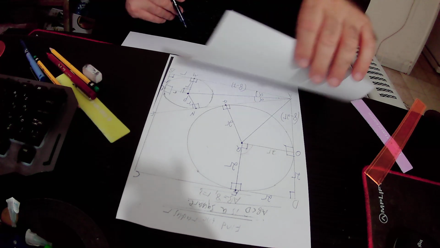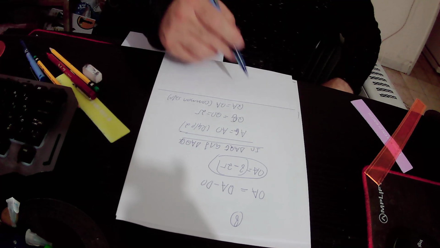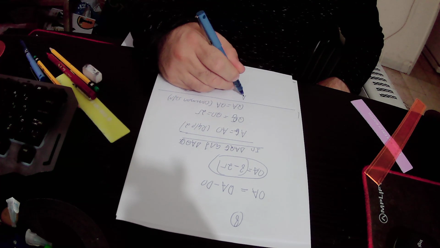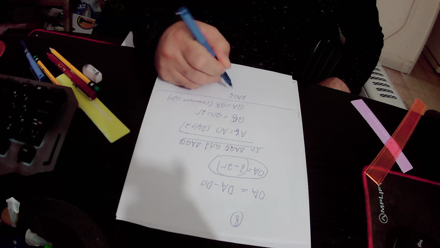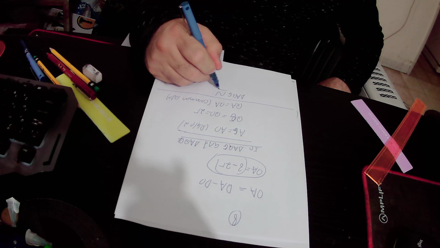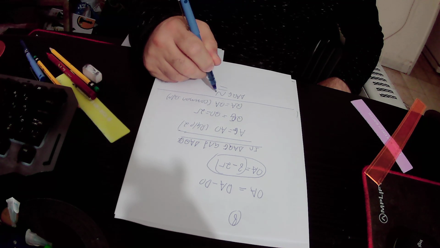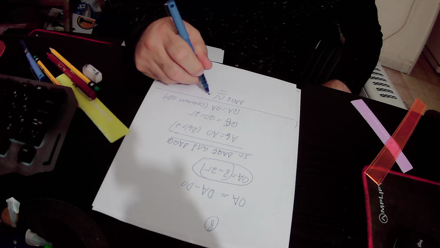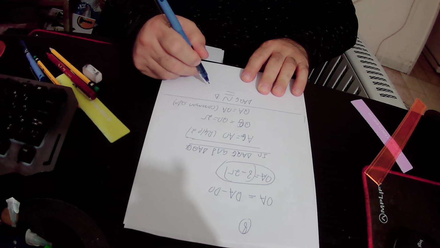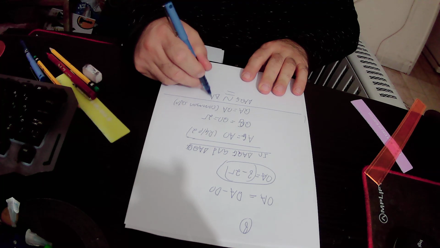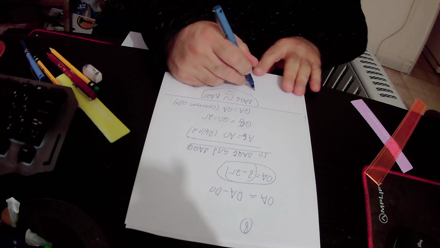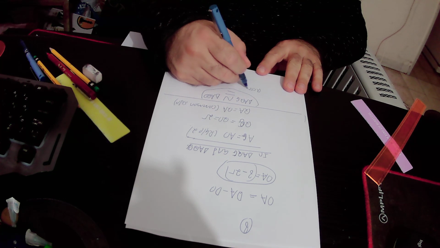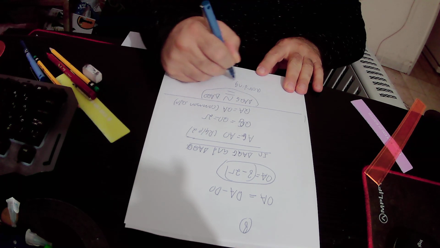I'm writing down the right triangle AQG is congruent, I remind you again that this sign means congruent, to the right triangle AQO according to side rule.